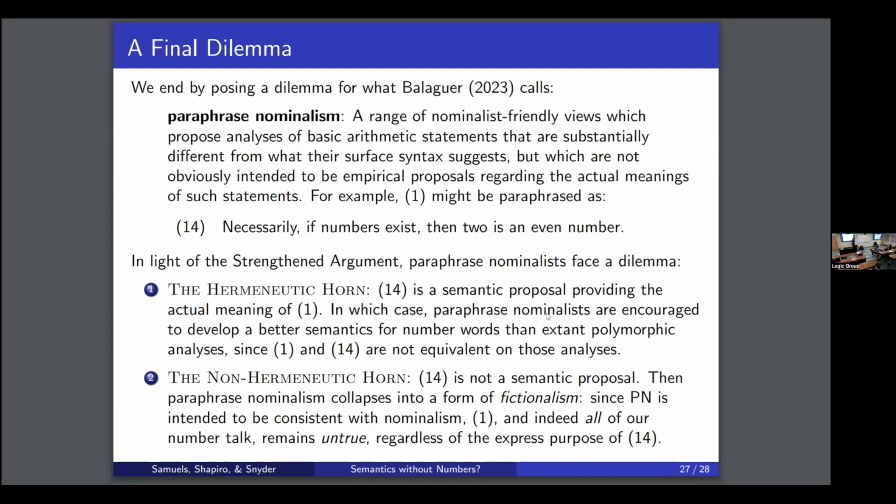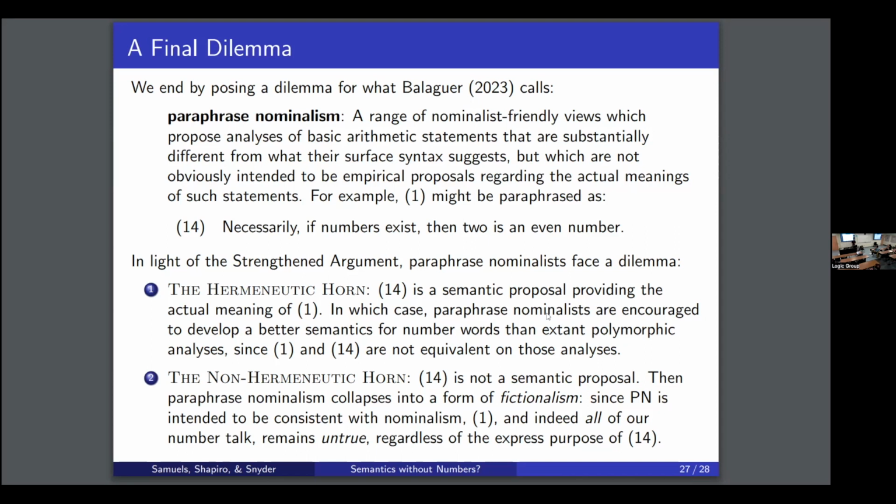Because paraphrase nominalism, whatever the express purpose of this is supposed to be, is consistent with nominalism. That's the whole point. And if it is consistent with nominalism, then whatever the purpose of this analysis is, clearly that's inconsistent with our best semantic analysis. So you are committed, once again, to all of our number-related talk being at least untrue.